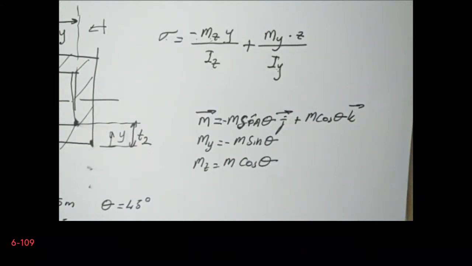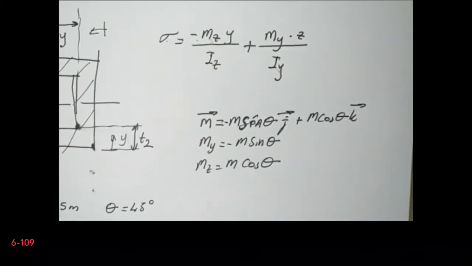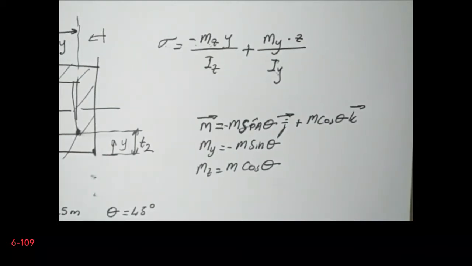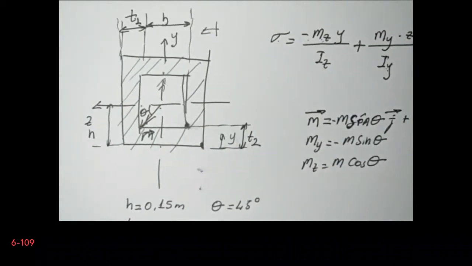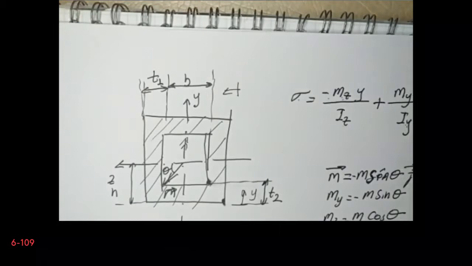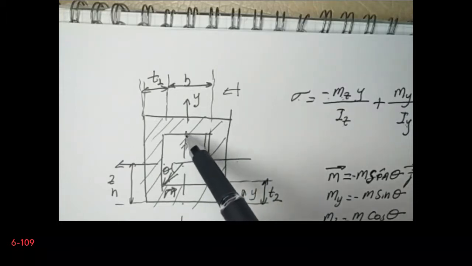Let's calculate the moment of inertia around the y and z axes. For this purpose, first I will calculate the total moment of inertia of the filled region around, for example for Iz, the z axis. Then I will subtract the moment of inertia of the hollow region. So let's calculate the Iz.